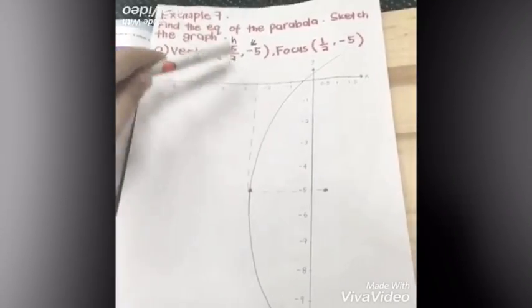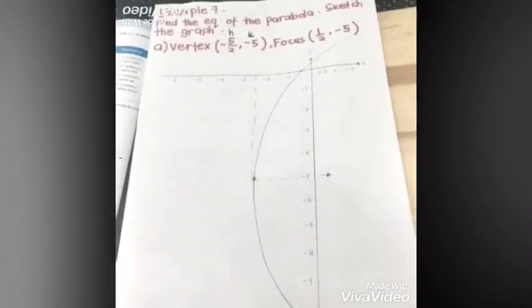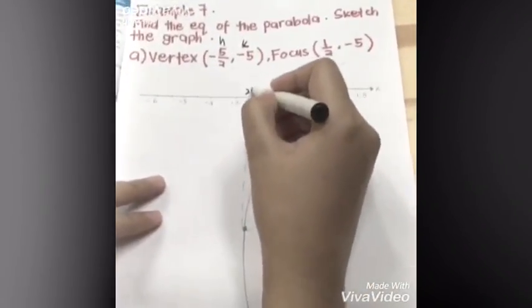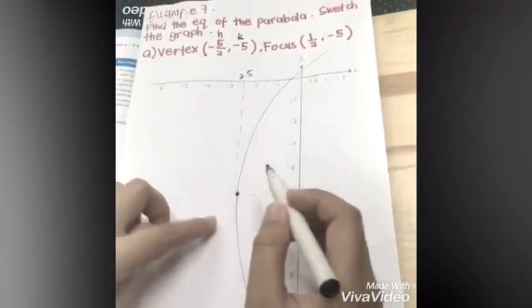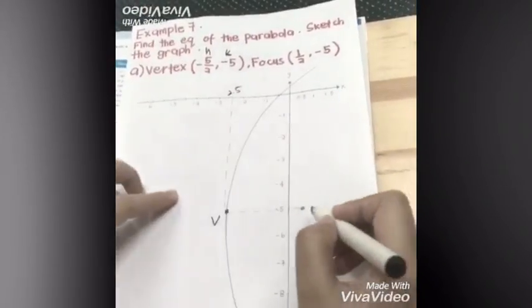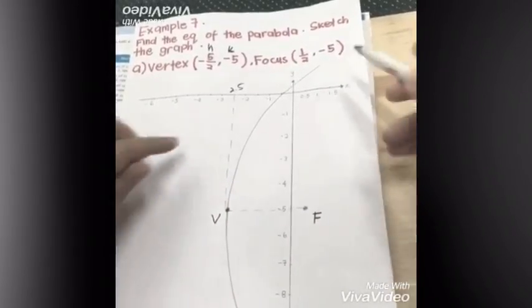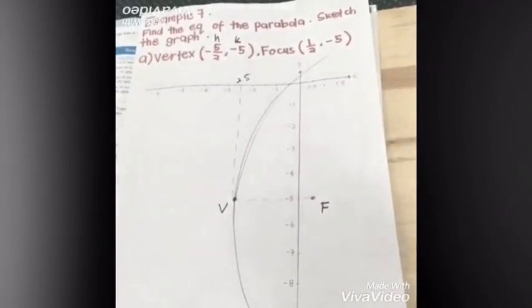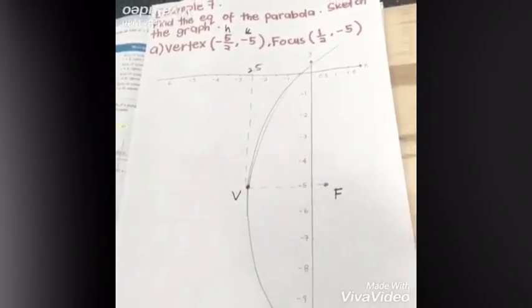Then plot these points in your graph: 5 over 2, which is 2.5, and negative 5. This is the vertex and this is the focus. Next you just draw like this. I already drew it, so this is the graph that opens to the right.